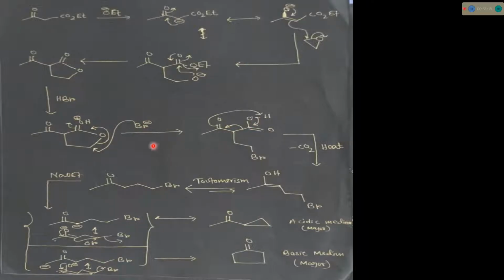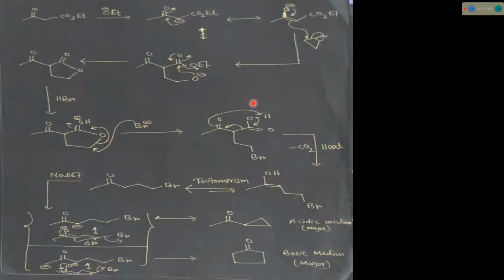So see, now in this place, after heating, decarboxylation takes place. So this bond abstracts this hydrogen, this bond breaks, and this bond will also break. We all know the mechanism for decarboxylation of beta keto carboxylic acids.